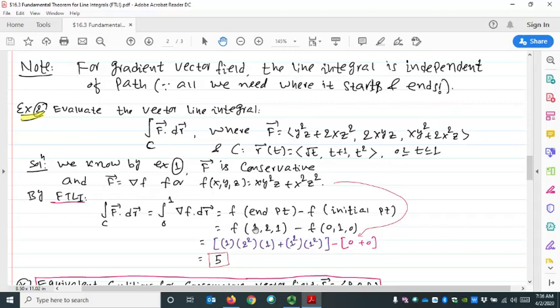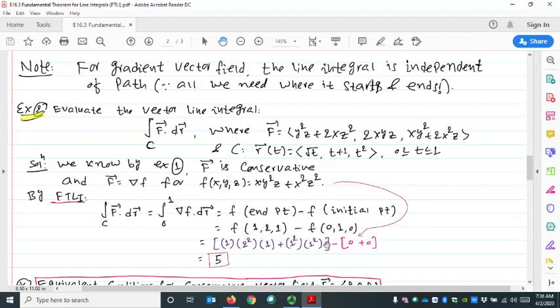So the terminal point, or ending point, is putting t equals 1 here: 1, 2, 1. And f at the initial point, so t equals 0: 0, 0 to 1, 0. Then the function is here. Let's evaluate. Put x equals 1, y equals 2 square, z equals 1, plus x equals 1, z equals 1.